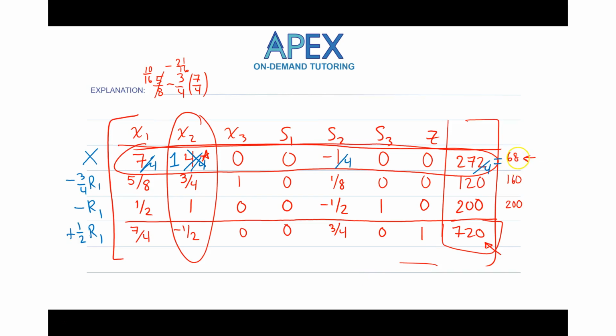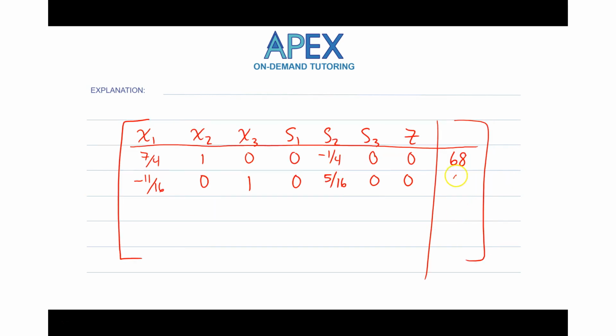3/4 of 68 is 51, right? Divide by 4 is 17, times 3 is 51. Subtract that from 120, and this is going to be 69. Okay?